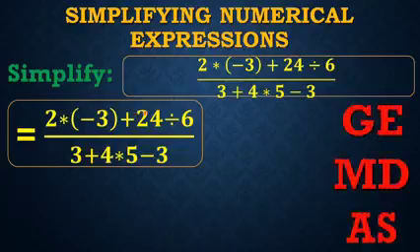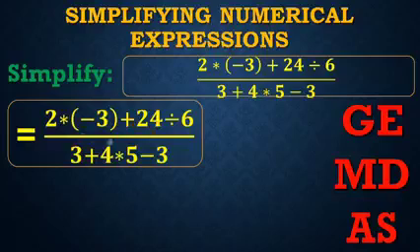Again, the rule is this: groupings, exponent, either multiplication or division, either addition or subtraction. The direction again is from left to right. Let's now proceed to grouping.